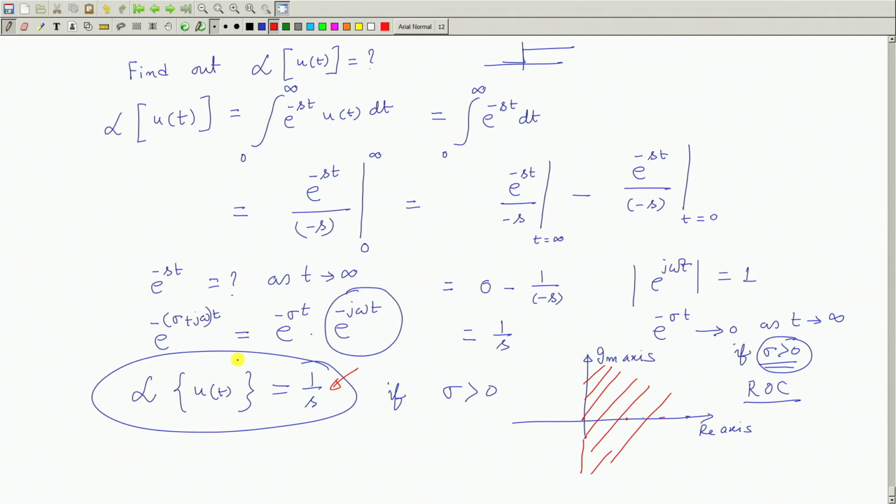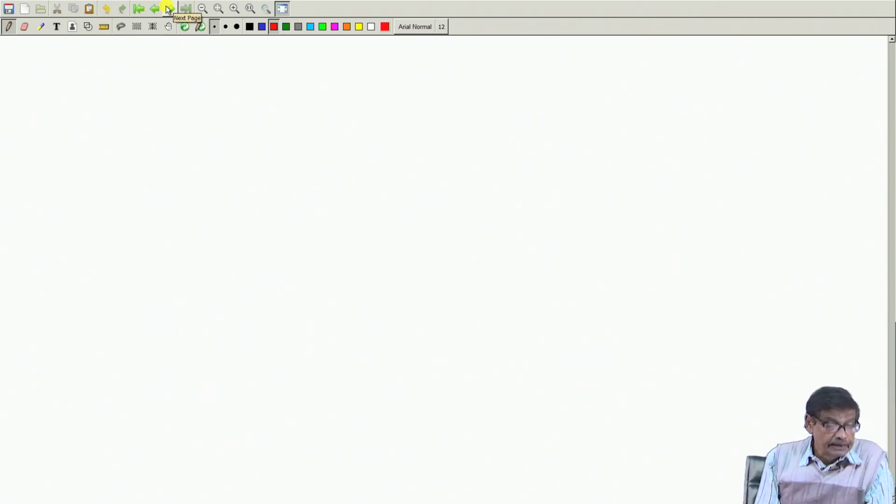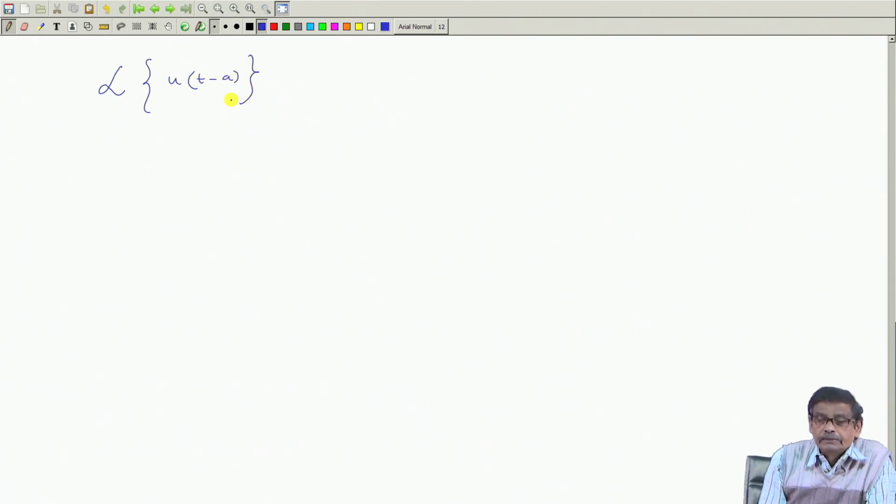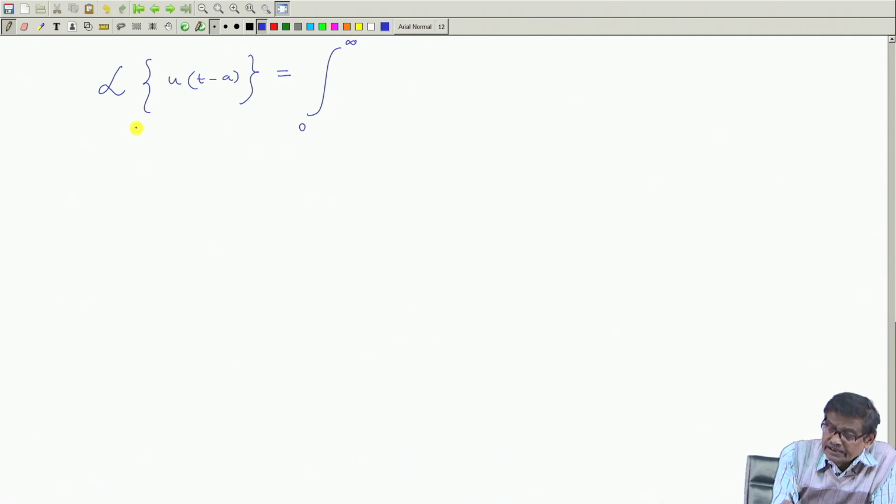Similarly, let us take another Laplace transform, say, the Laplace transform of a shifted function. Suppose I want to take the Laplace transform of u(t minus a). This time, as we know, this integral is from 0 to infinity, and suppose a is greater than 0.